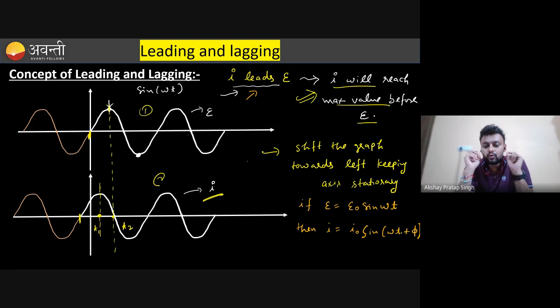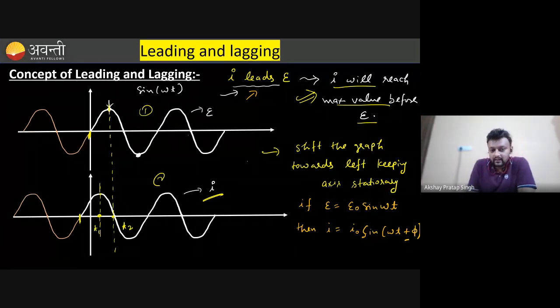How much is it leading? This plus sign indicates that the angle is phi. I hope it is clear.